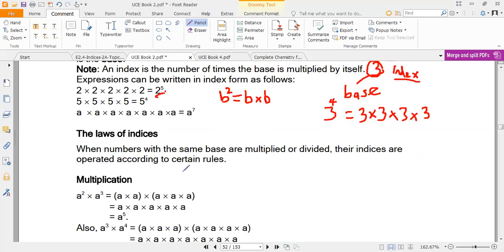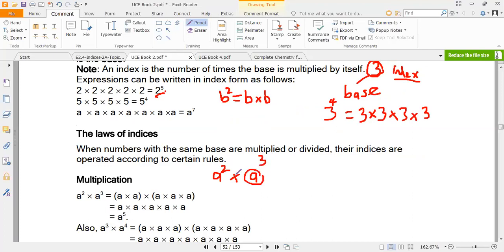Let us first look at the first law, which we call the multiplication law. According to the multiplication law, if you're multiplying two numbers with the same base, for example a power 2 multiplied by a power 3, you realize that the base is the same.